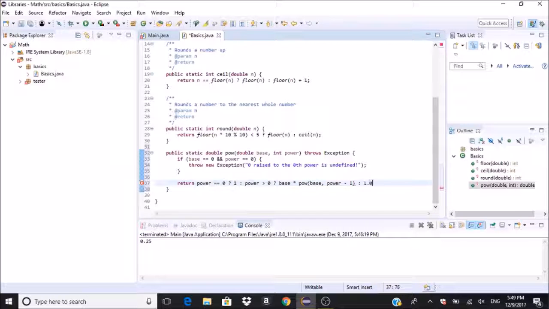Otherwise, we're going to return 1.0 divided by the base raised to the positive of the power.